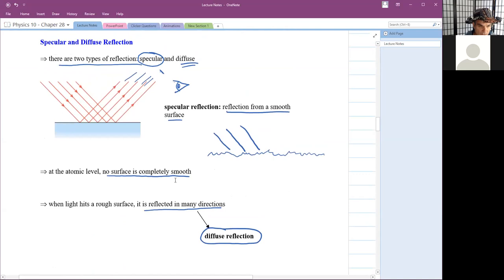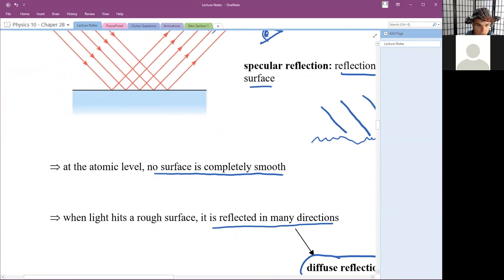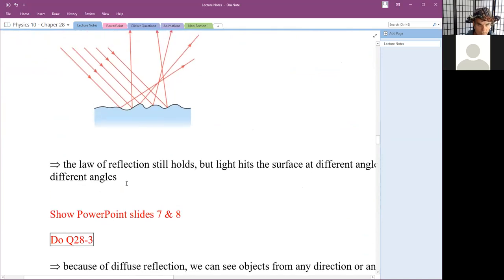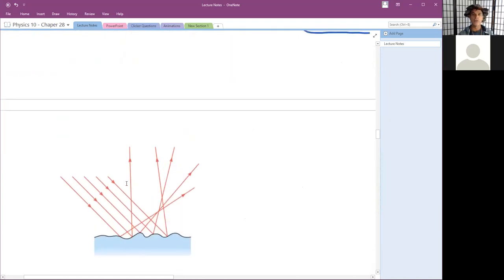Going back here, if I zoom in for a second, every one of these, if I want to know how the light reflects, I have to draw a normal, and the angle that it hits at and the angle that it reflects at is the same. And the normal for every one of these is along the same direction because it's completely smooth. Well, if I look at this one, the law of reflection still holds.